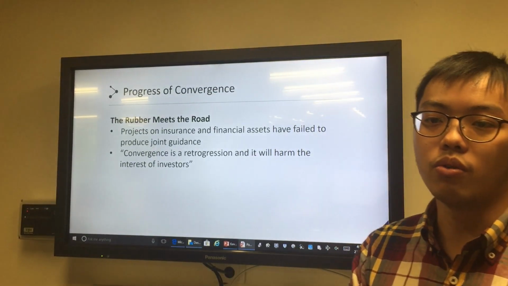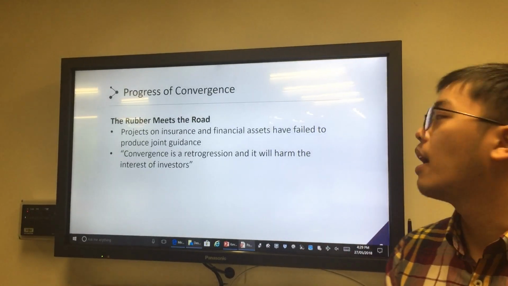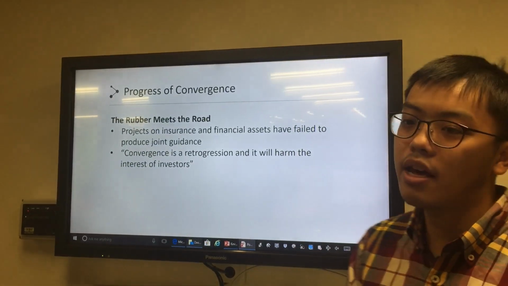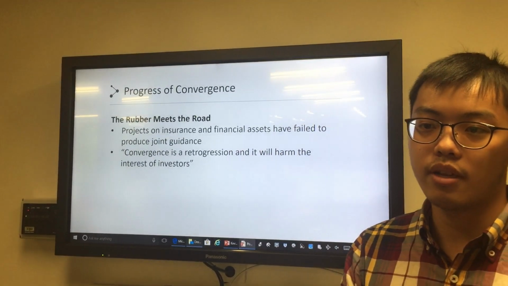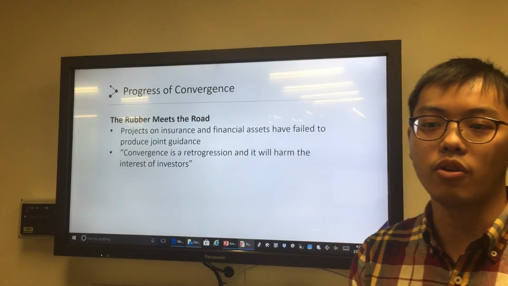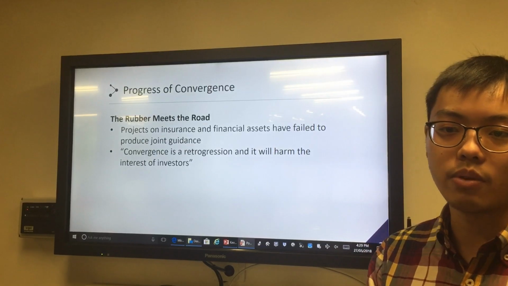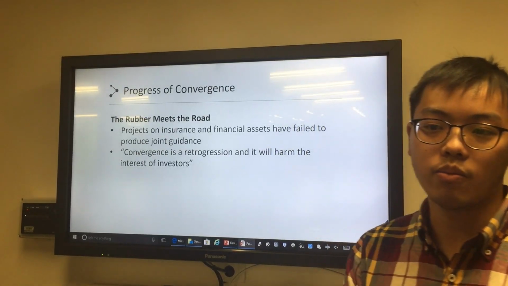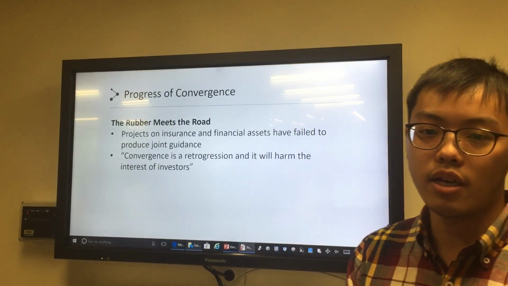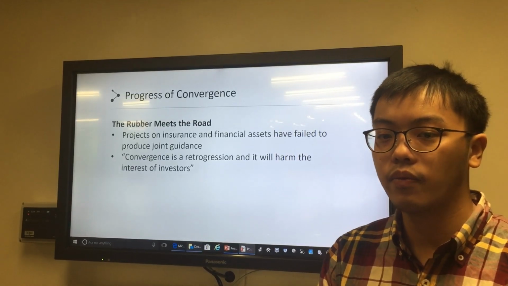FASB planned to release two major amendments on this topic by early 2015. A FASB spokesperson explained the breakdown in the insurance and financial assets joint projects: they thought that convergence did not represent an improvement to US GAAP, but a restored stress, and it would harm investors.